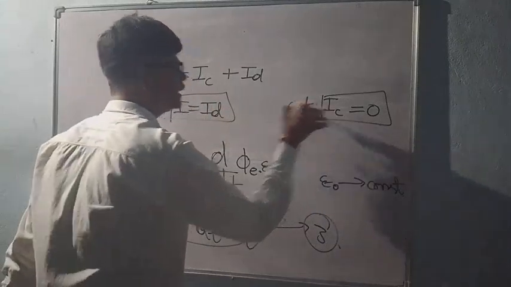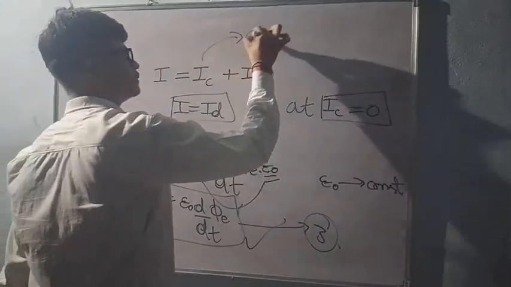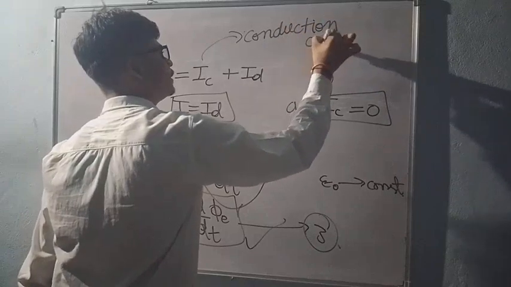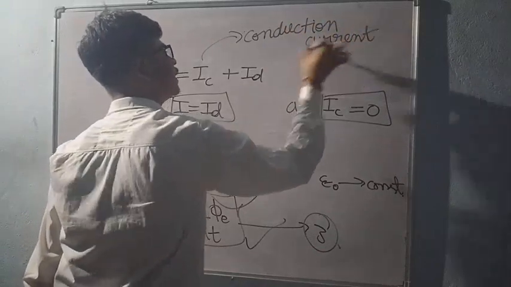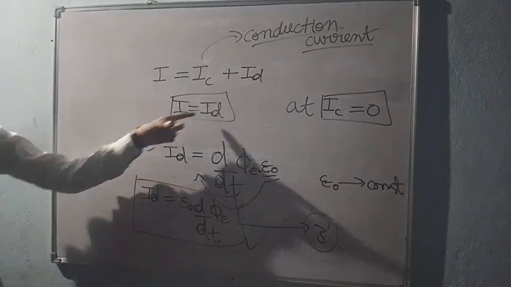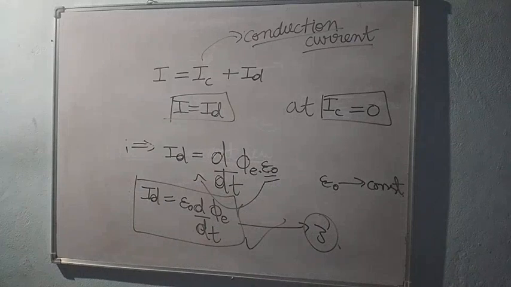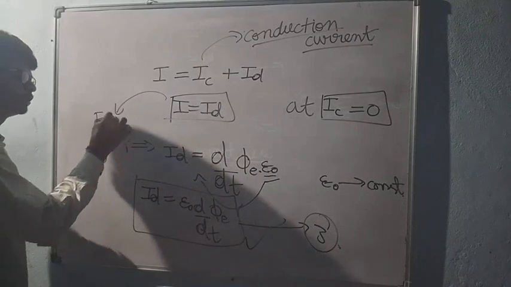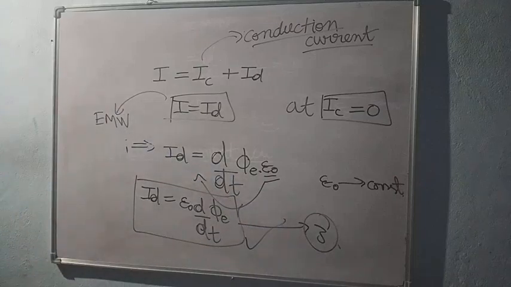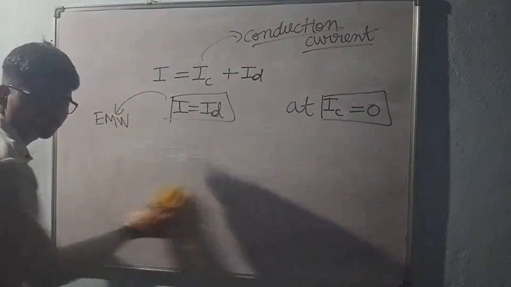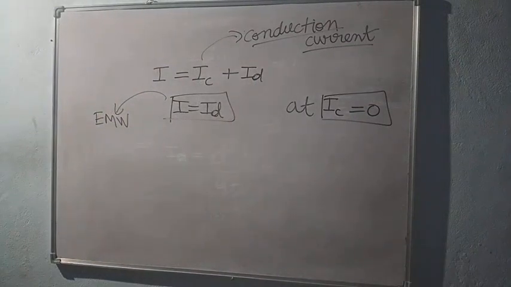When the conduction current is 0, the displacement current is numerically equal to the total current in terms of electromagnetic waves, EMW, not BMW. These expressions are clear.